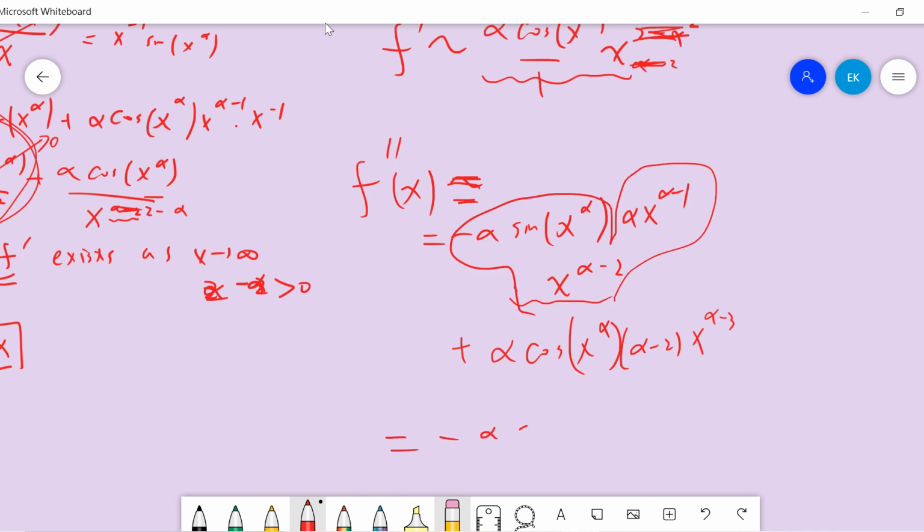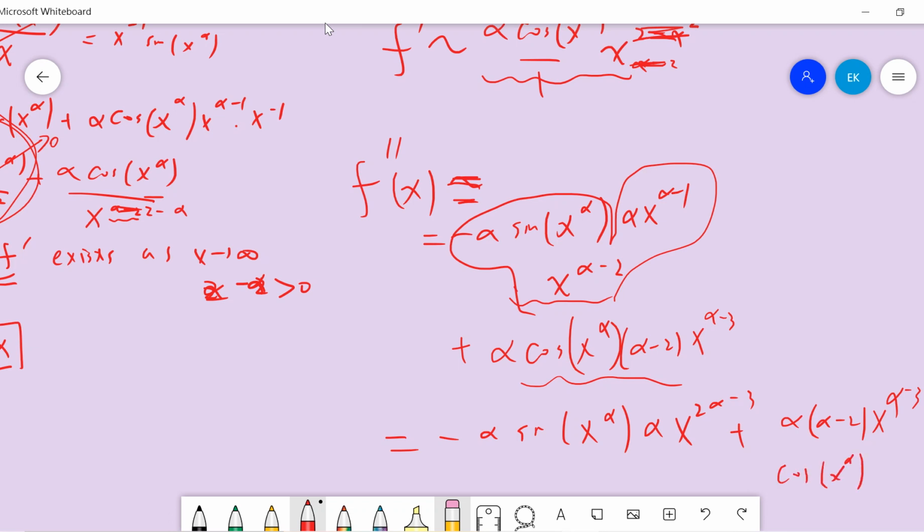Basically this term is x to the 2 alpha minus 3 plus alpha minus 2 times x to the alpha minus 3 cosine of x to the alpha. Since we know alpha is less than 2, this alpha minus 3 is negative, so this term will go to 0 as x approaches infinity.